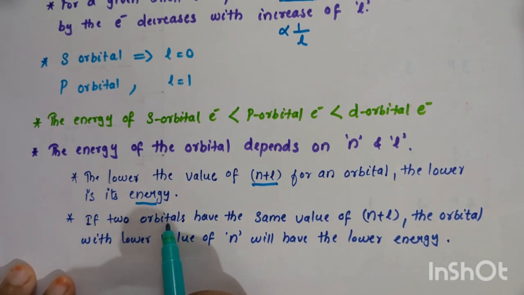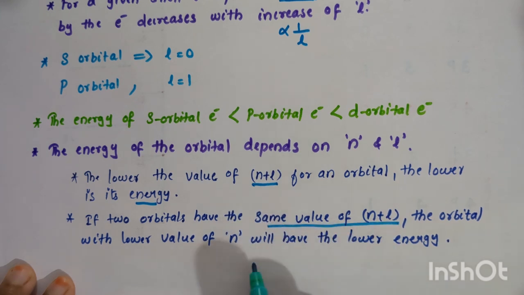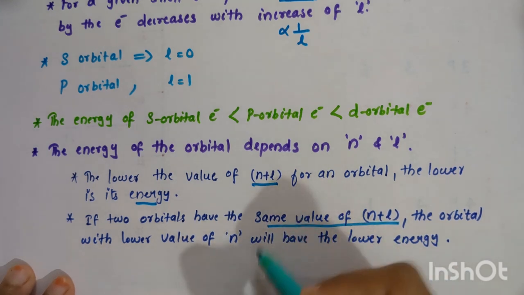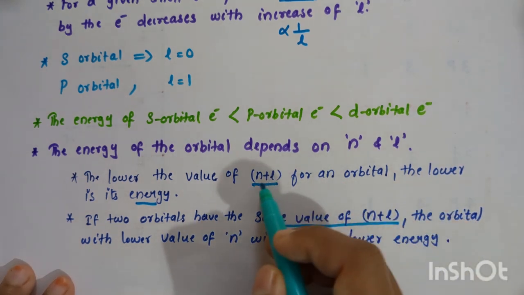Now, when you compare two orbitals, the one which has the lesser value of n plus L will have less energy.